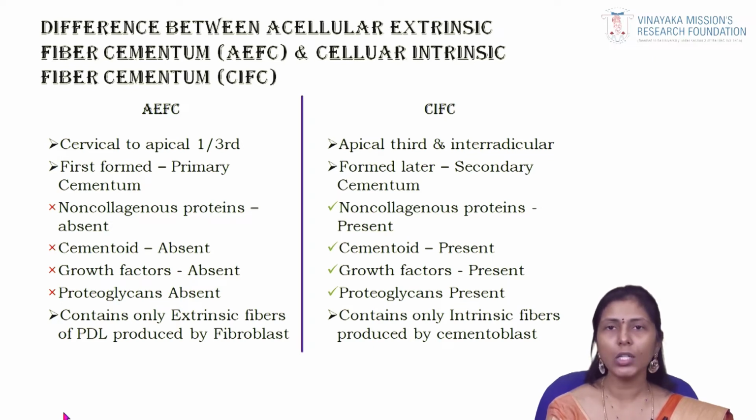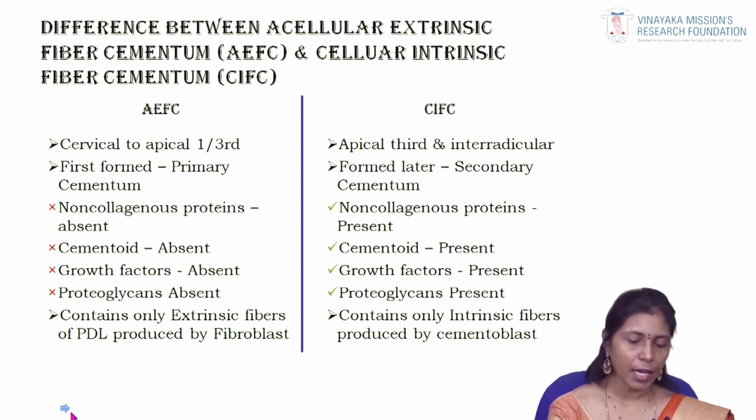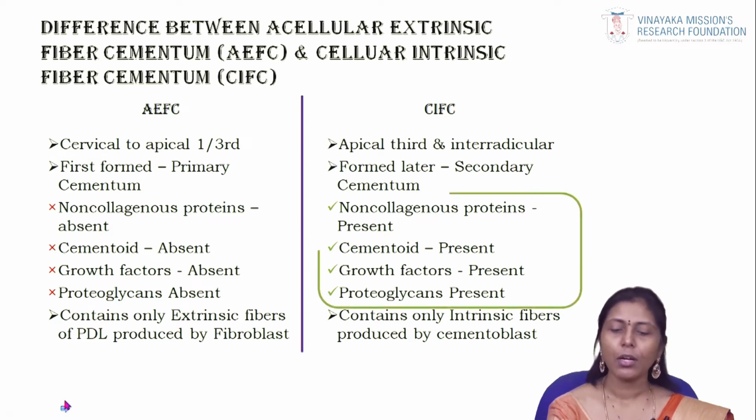Acellular extrinsic fiber cementum is the primary cementum, or first formed cementum, and cellular intrinsic fiber cementum is the secondary cementum formed later. Here you can see that in acellular extrinsic fiber cementum few structures are absent, but they are present in cellular intrinsic fiber cementum.